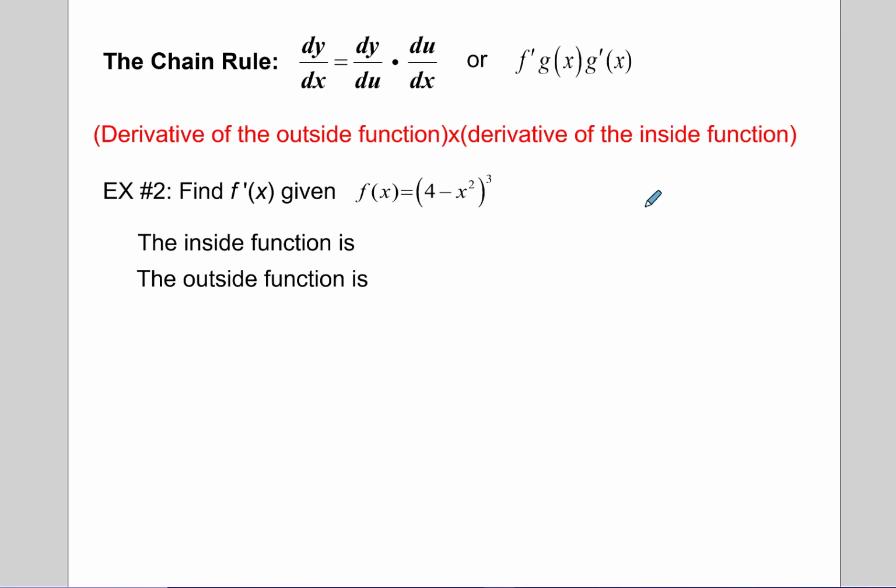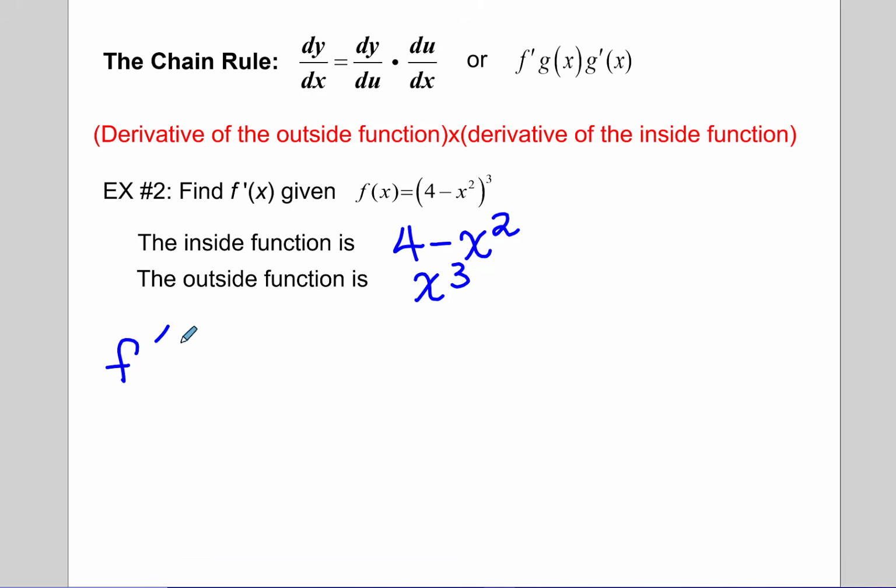Here's a second one. Remember, it's the derivative of the outside times the derivative of the inside. So here you can see it's good to be able to decompose a function and recognize this 4 minus x squared is my inside function, and x to the third power is the outside function.